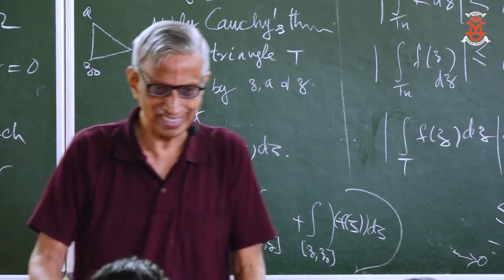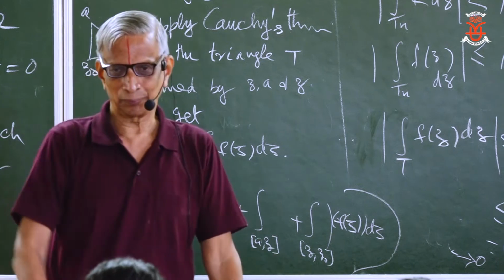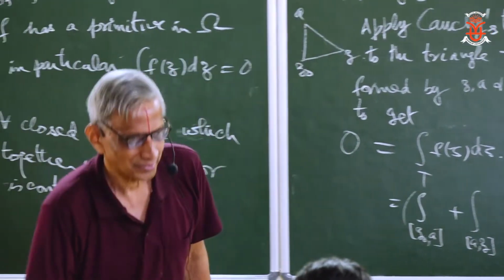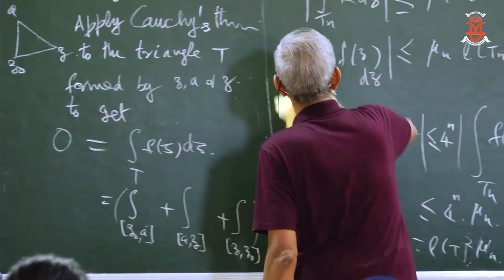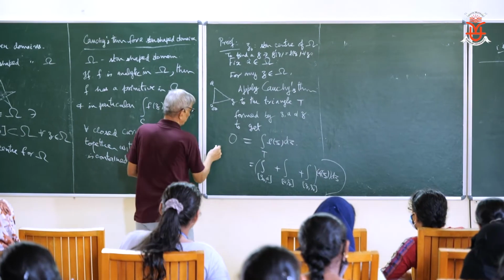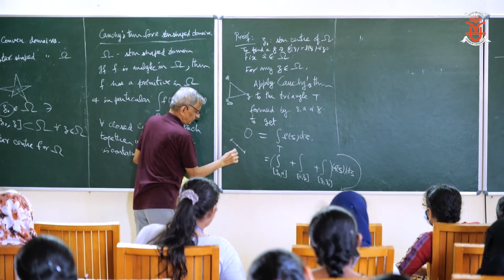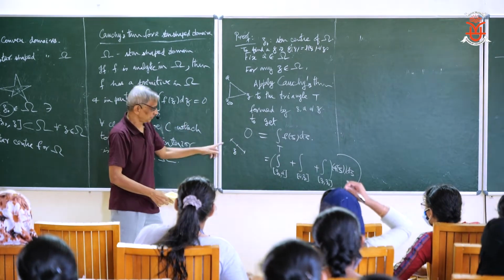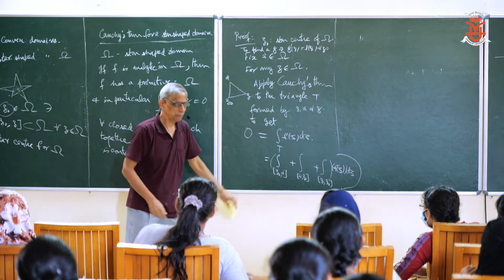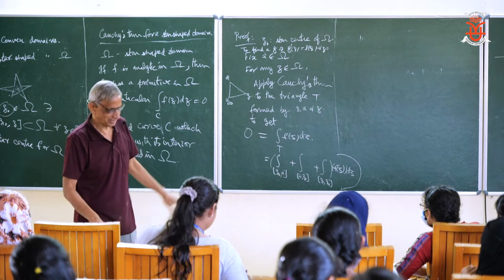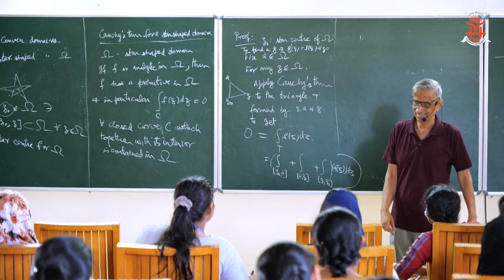This can be a degenerate triangle, in which case it's just a line. So for example, if z lies here, we go like this and then go back, so we'll get 0 in any case. Okay? So the thing still holds even if the triangle is degenerate.